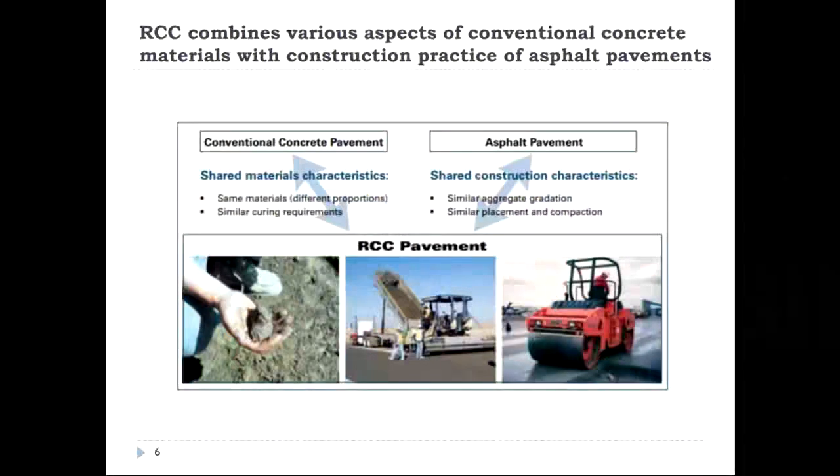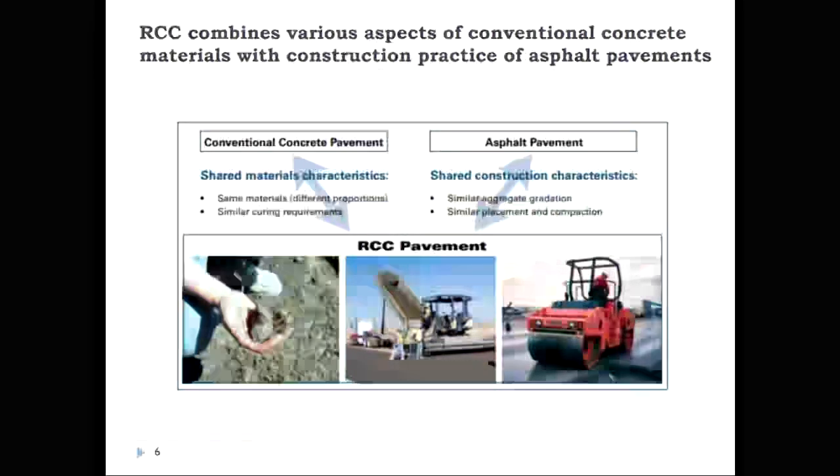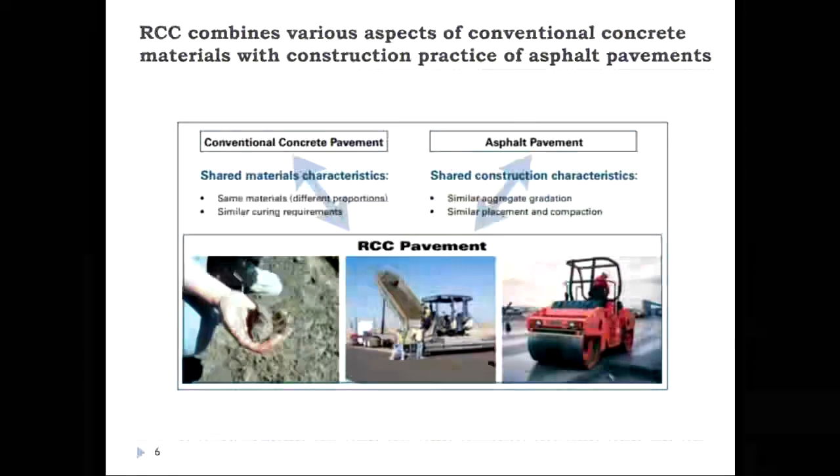Now let us try to understand the different aspects of conventional concrete, and let us compare this with roller compacted concrete. Let us understand what the similarities in these two mixes are. The shared characteristics between these two are basically from the materials perspective.